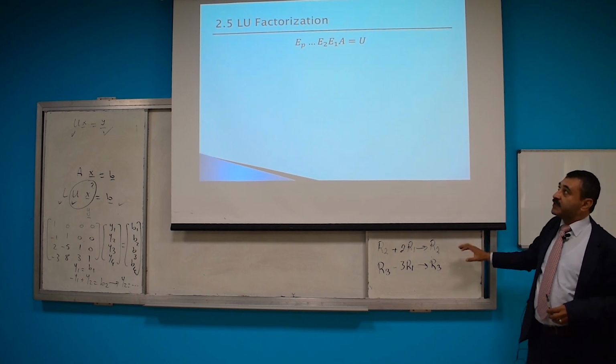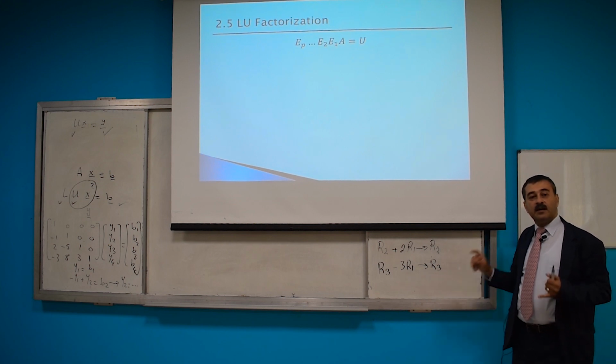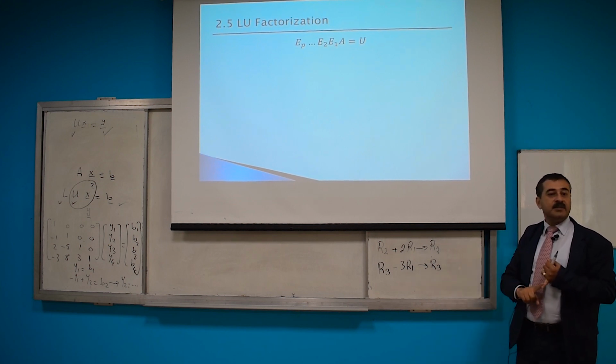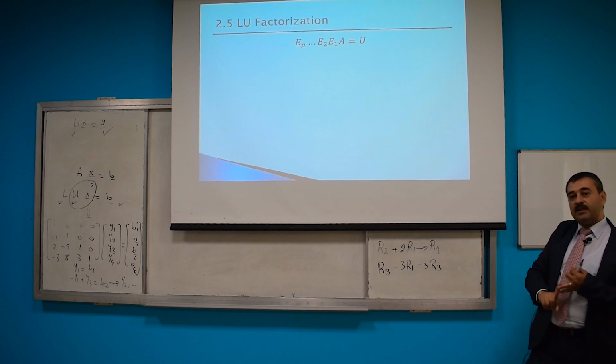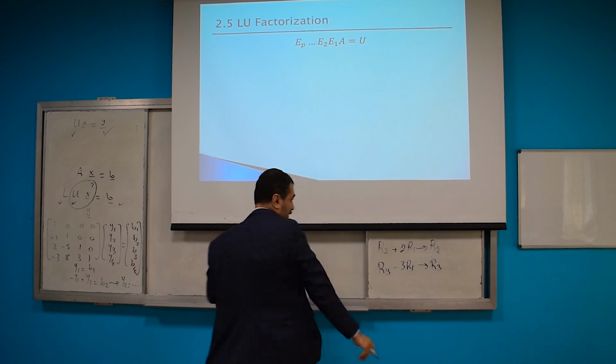You know from the previous example that these elementary matrices corresponding to these operations are lower triangular matrices, and the diagonal entries are all ones. So this applies to all your E's.